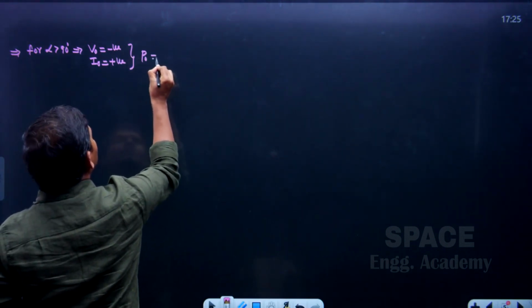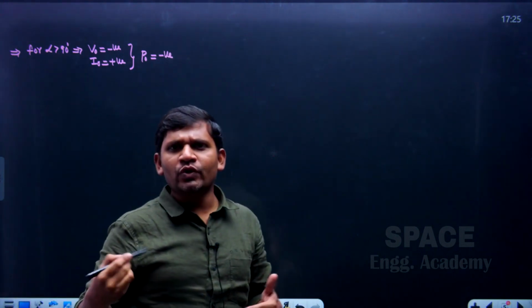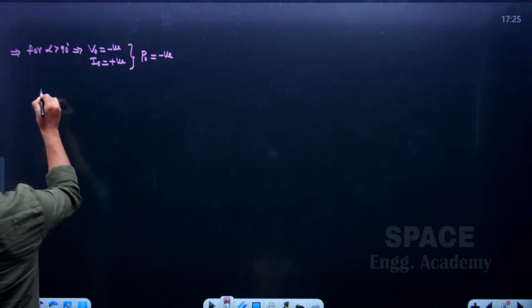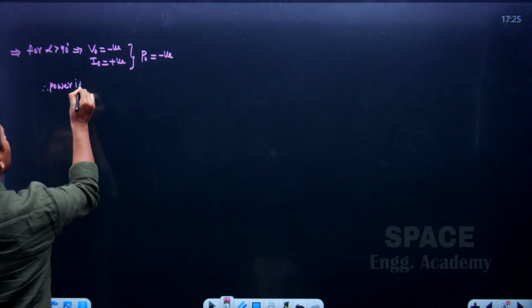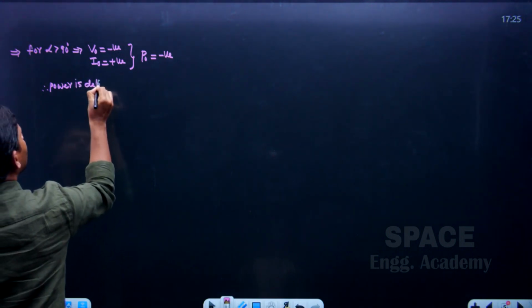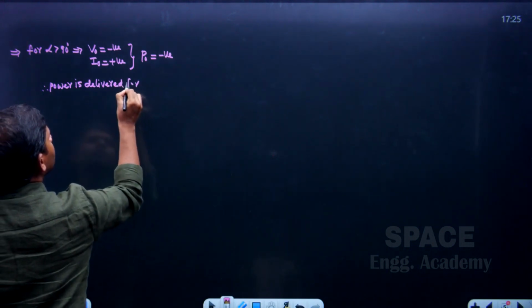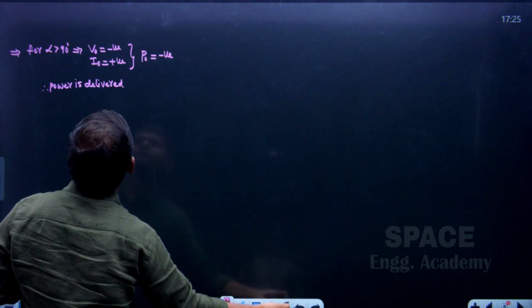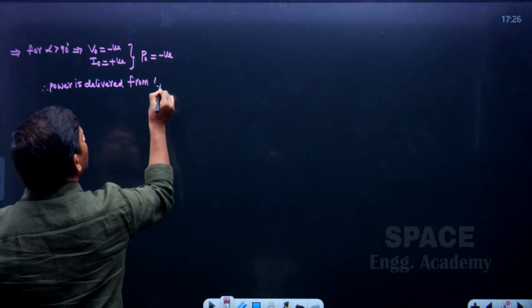Power is negative. Power negative means opposite to the conventional power direction, then power is delivered from load to source.